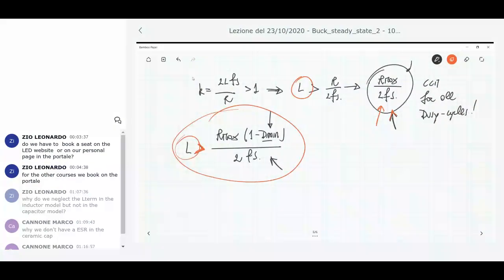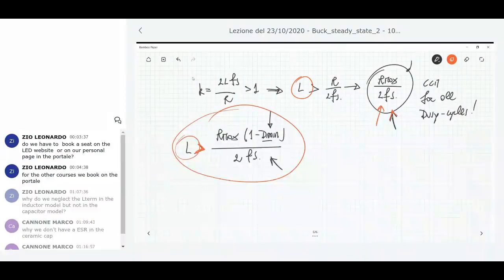And when you choose higher inductance, you have certain drawbacks. First of all, you have to pay more, because a large inductance in value costs more than a lower inductance. Then large inductances typically have a large volume, which brings with it large parasitic series resistance. And large volume means that the volume of your converter is larger, while typically you want to minimize the volume, you have to design compact converters.